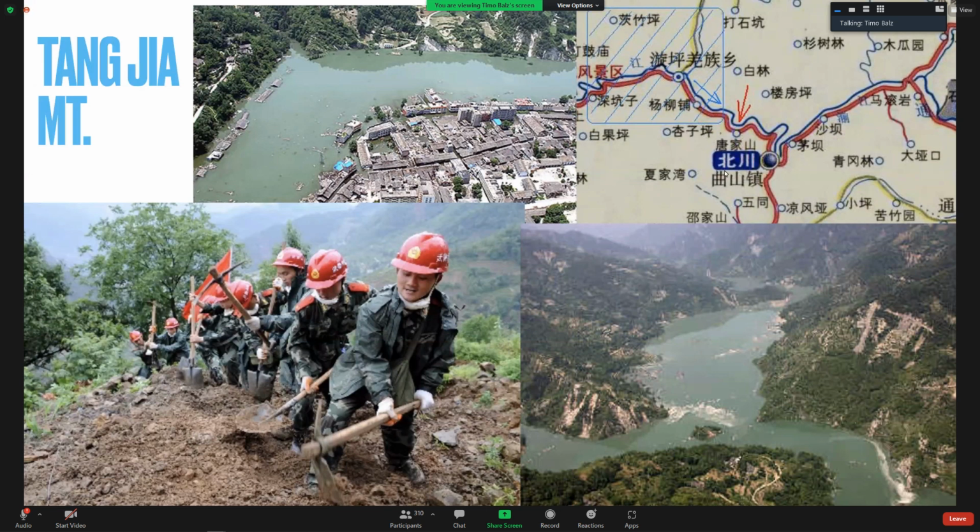If you can read Chinese, you see Beichuan, that's the city that we just talked about. That is here. That's the destroyed part of the town that we just talked about. And we also had a huge landslide here at Tangxiashan. That landslide actually blocked the river above Beichuan.